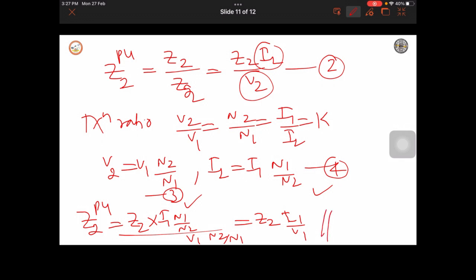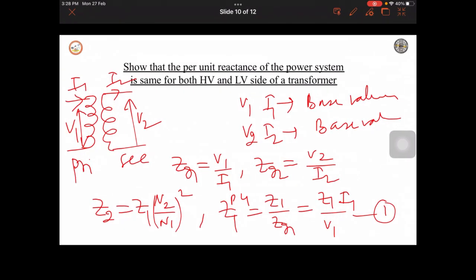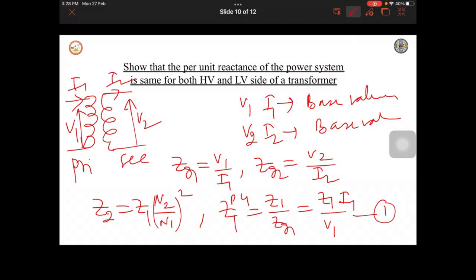This is how we will get it. This is nothing but your Z1 per unit. So, here it is proved that Z1 per unit is equal to Z2 per unit. This means in a transformer, whether you calculate the per unit value of impedance on the primary side or the secondary side, they are the same.